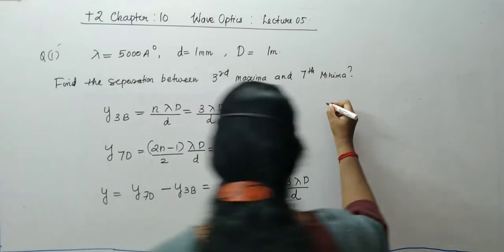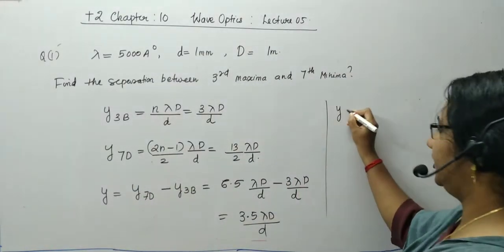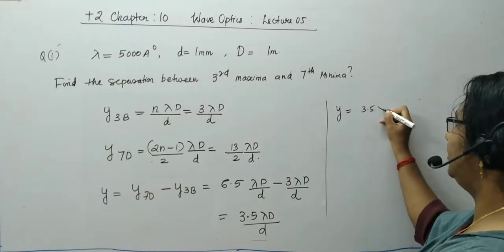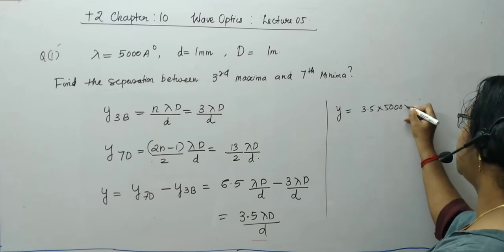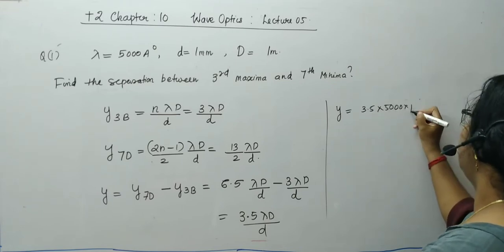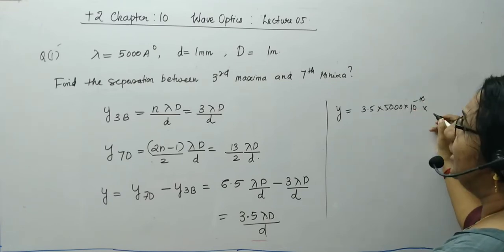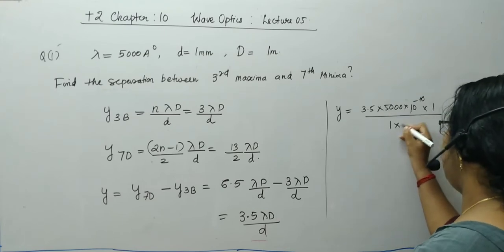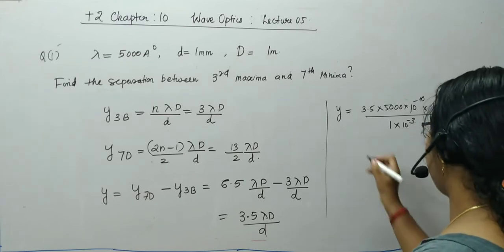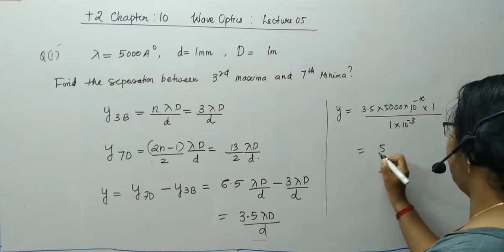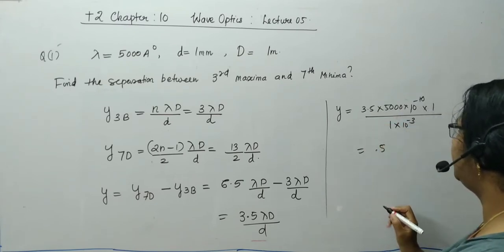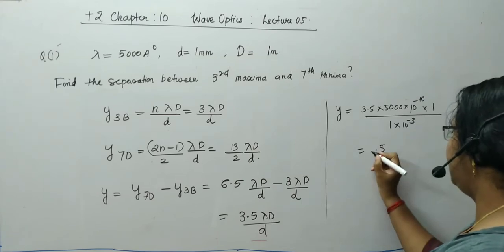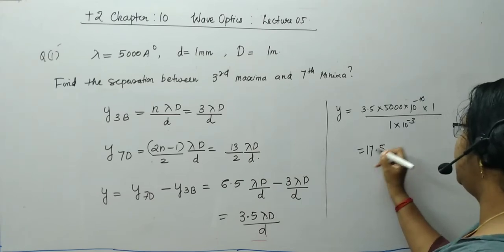Everything is given. So we will write the separation as 3.5 into 5000 angstrom, angstrom means 10 raised to minus 10, into capital D which is 1 meter by small d which is 1 millimeter, 10 raised to minus 3. 5 into 5 is 25, 5 threes are 15, 16, 17.